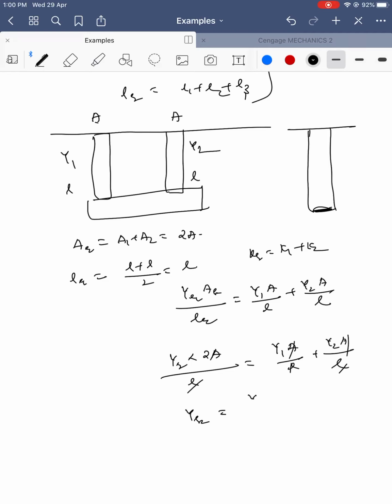So Y equivalent is equal to Y1 plus Y2 by 2.